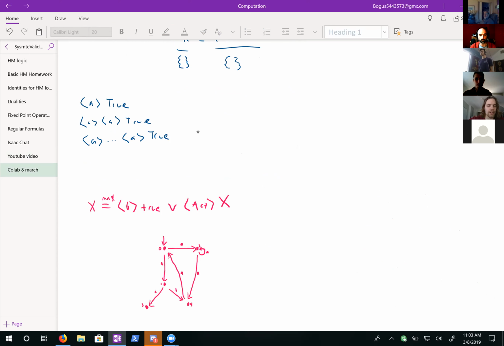I've never done a max one. So we've got our table: diamond B true or any action X. This time, I think we're supposed to start with true.